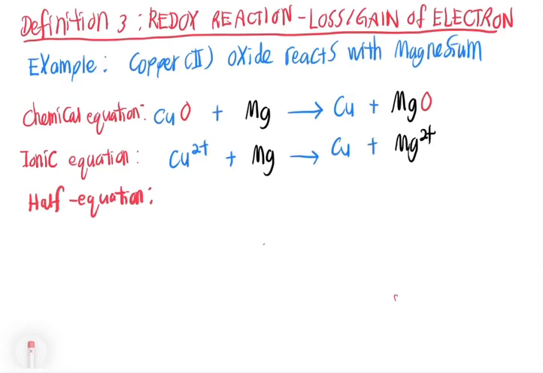Moving on, the third definition, redox reaction based on loss or gain of electron. The example is copper(II) oxide reacts with magnesium. When you have the chemical equation, you must first convert the chemical equation into an ionic equation, and from the ionic equation we will write the half equation.